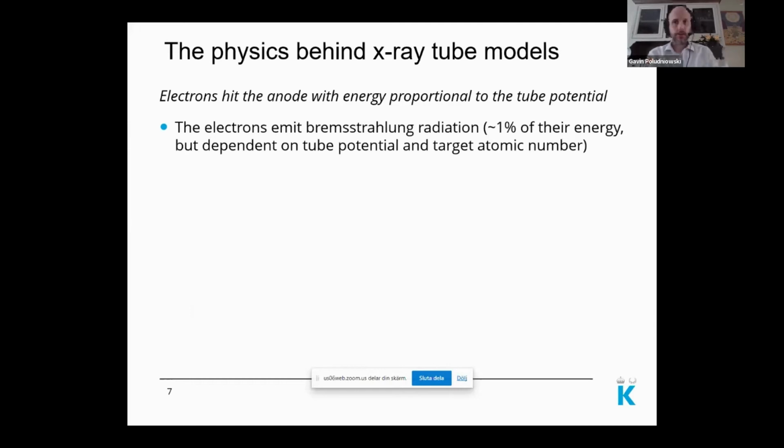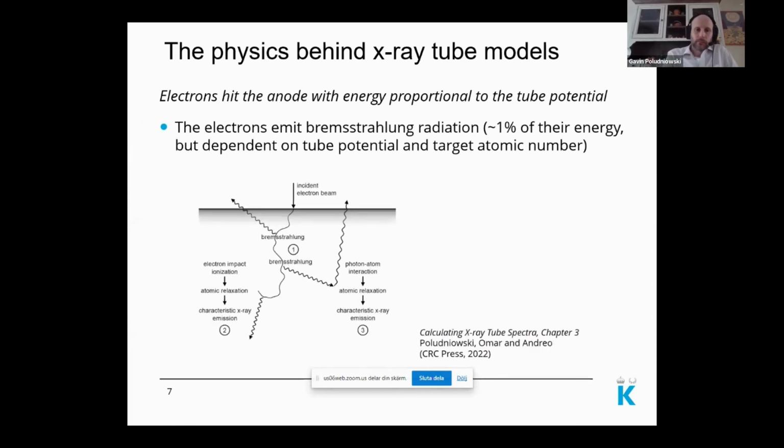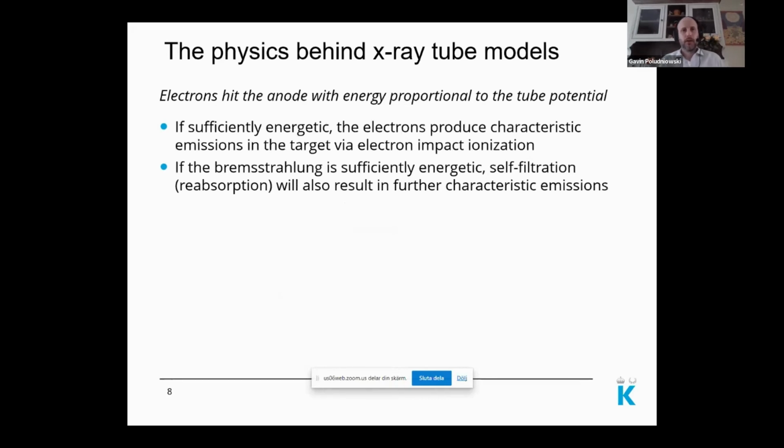And talking of Bremsstrahlung, this is what we're really interested in. And this makes up about 1% of their energy loss, although that number does depend on tube potential and the atomic number of the target. So these electrons are coming in, they're taking tortuous paths, they're emitting the occasional Bremsstrahlung, and we get these other processes as well, which Joonas also mentioned, the characteristic X-ray emissions. So the complicated thing with this is that there's two main channels involved.